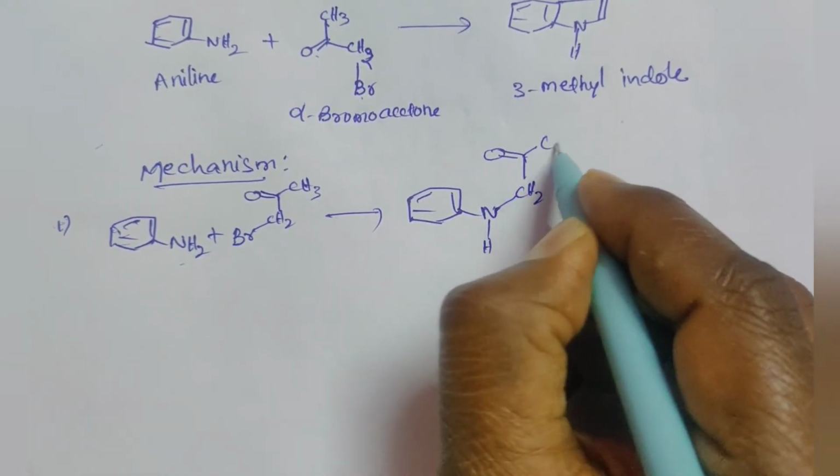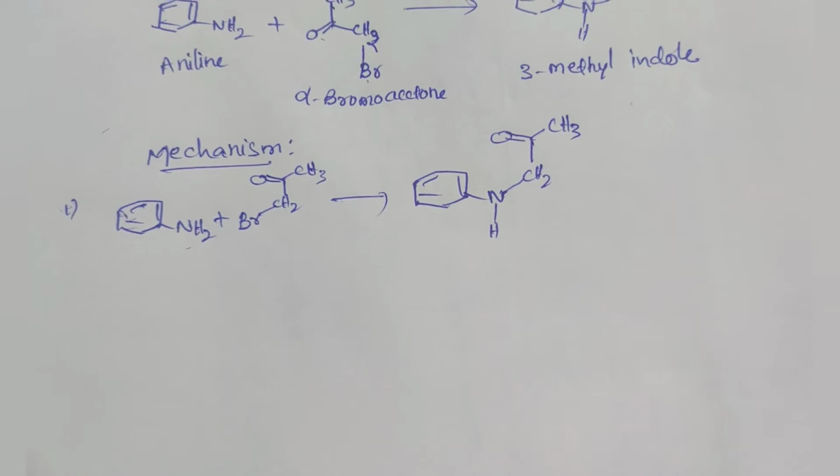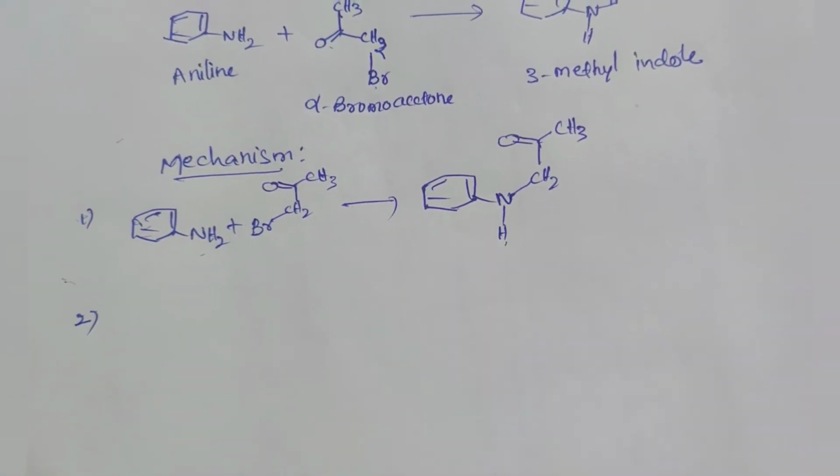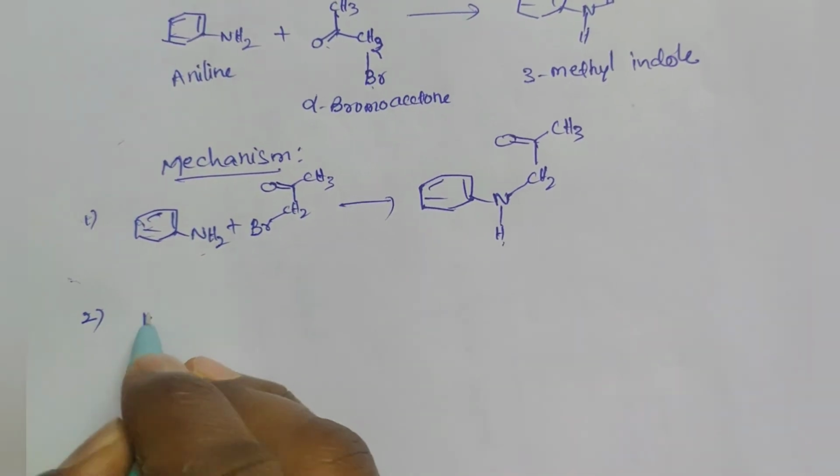Double bond O and CH3. So this is the product obtained in the first step, and this product is treated with the acid in the second step.